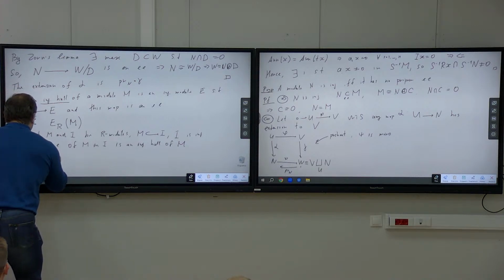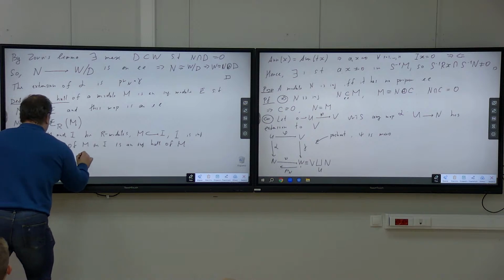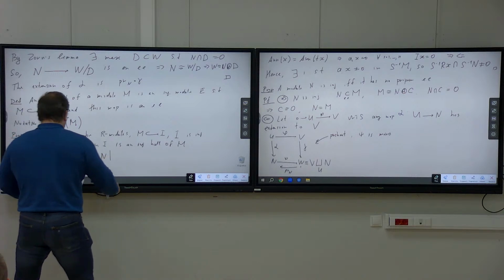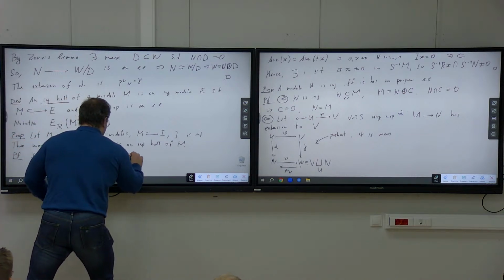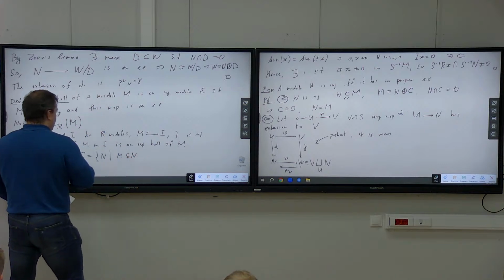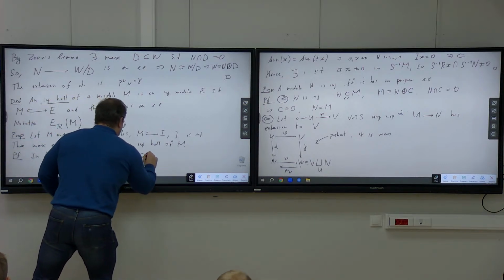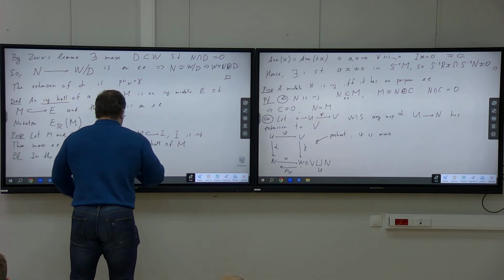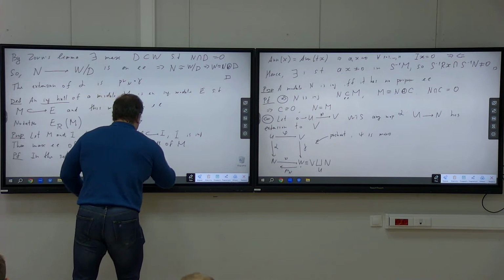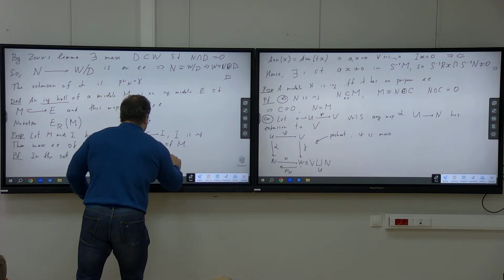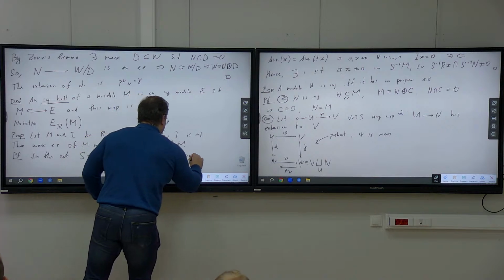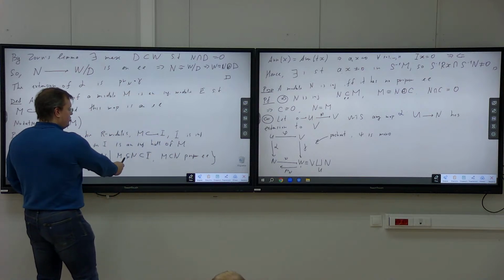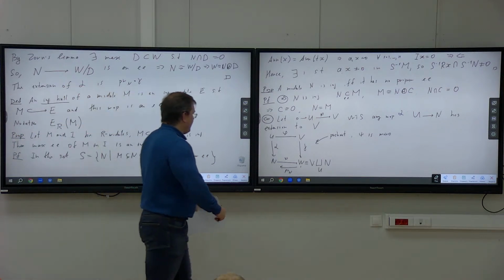So consider the set, which I'm going to call S, of all modules N such that M sits inside N as an essential extension, and N is contained inside the given injective module I. Let me emphasize that M inside N is an essential extension.